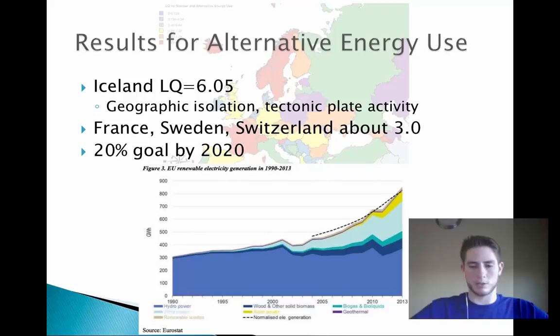And this graph below really shows how wind and solar power have jumped in the last few years. Hydropower has been around the longest and stayed consistent, but wind really has taken off recently.